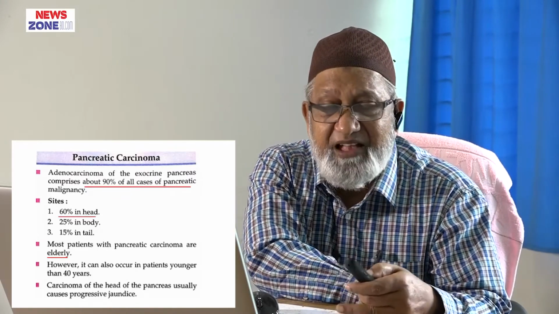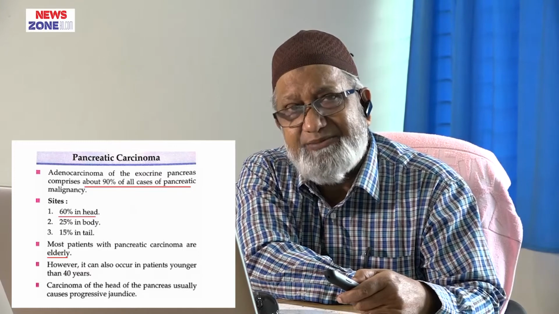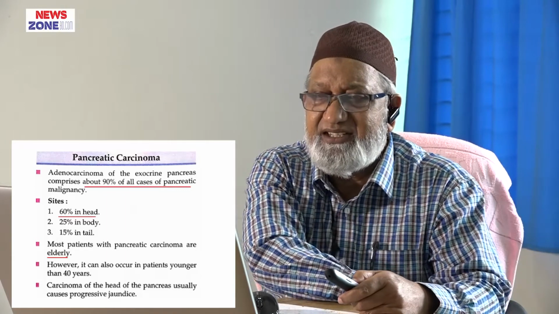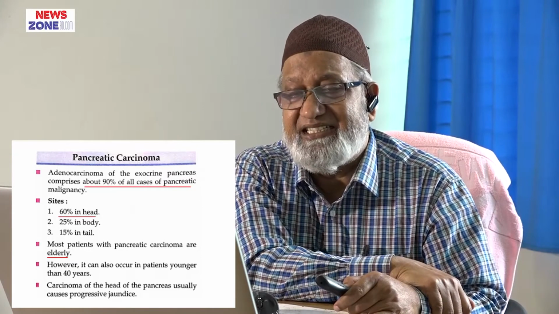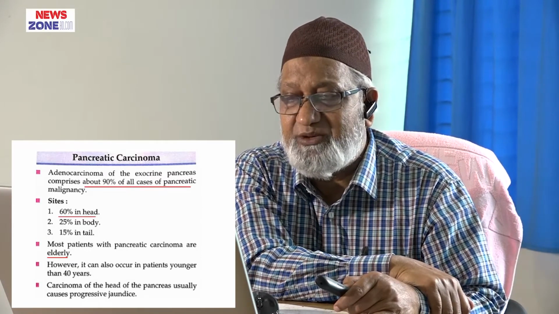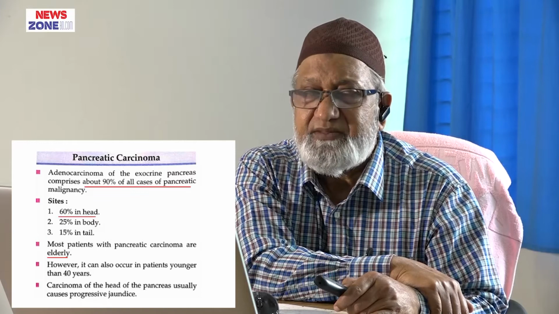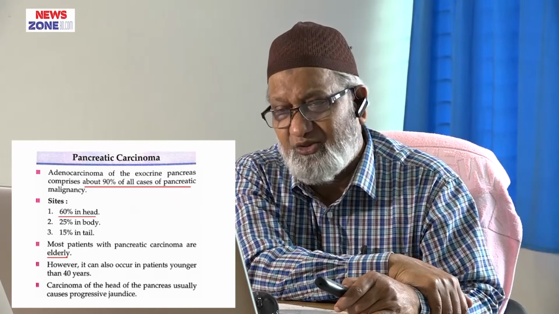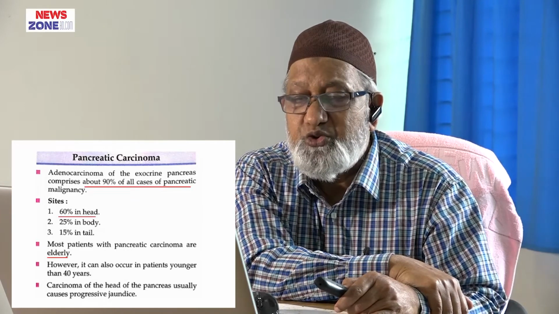If we look at the site of the lesion, more than 60% of carcinomas of the pancreas occur in the head of the pancreas, 25% in the body, and about 15% in the tail. Pancreatic carcinoma most commonly occurs in elderly persons, but it also occurs in persons younger than 40 years. Carcinoma of the head of the pancreas usually causes progressive jaundice.